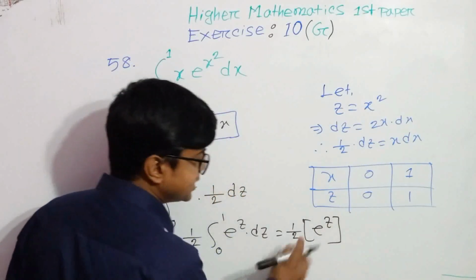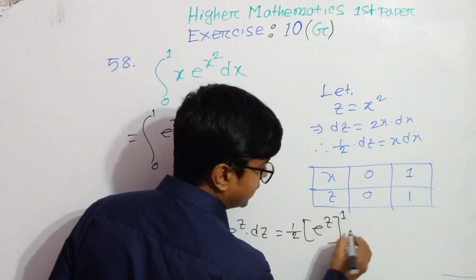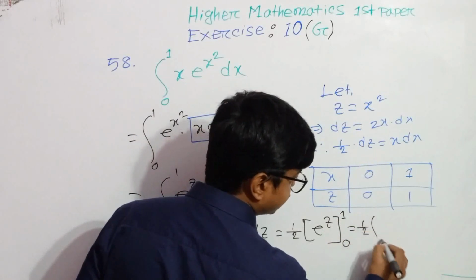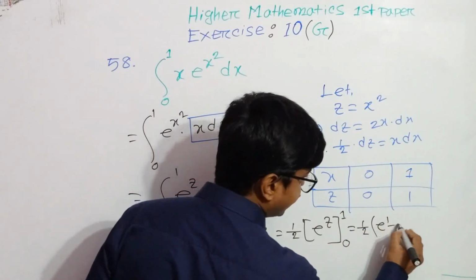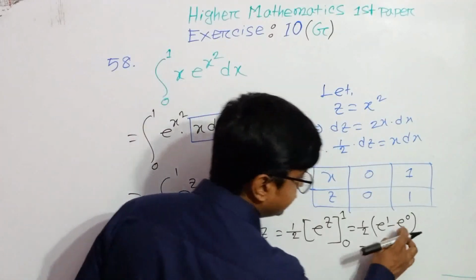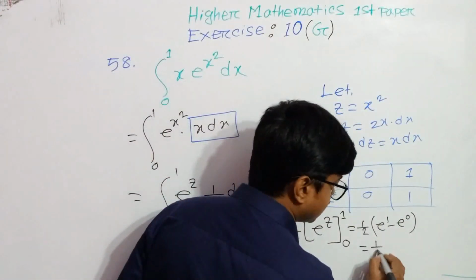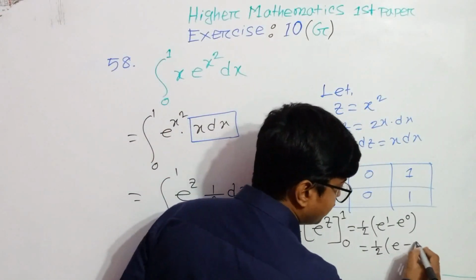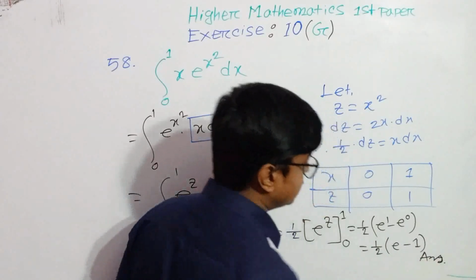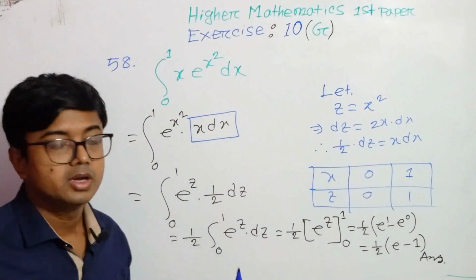So it's e to the power z, lower limit 0 and upper limit 1. Now we can write 1 by 2, e to the power 1 minus e to the power 0. E to the power 0 means 1, so our answer will be 1 by 2 into e minus 1, which is the required answer of question number 58.